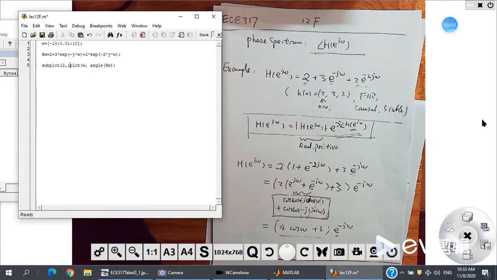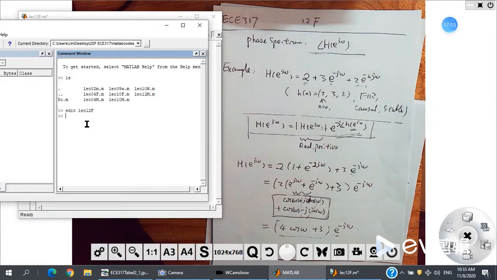Subplot 2, 1, 1. I plot these. And then subplot 2, 1, 2. I forgot, sorry.